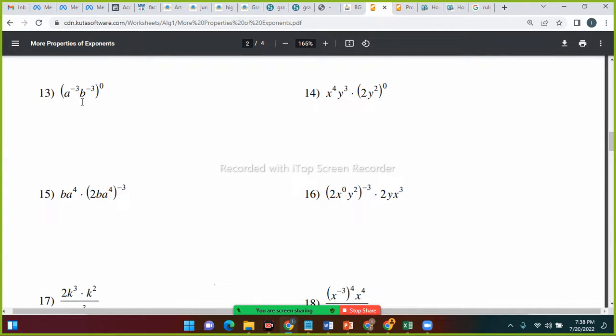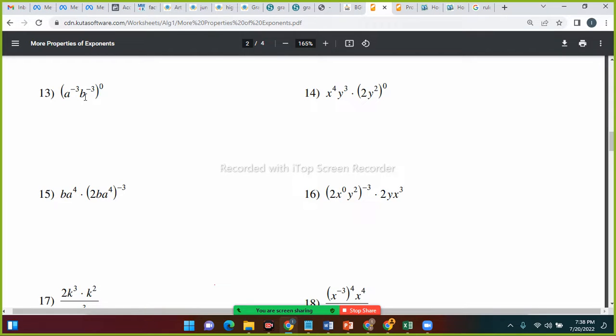What is this answer? Without even asking any question, what is this? Anyone? Number 13. No one knows? Come on, help me out. What is the answer for number 13?